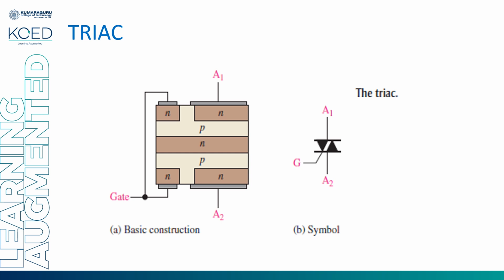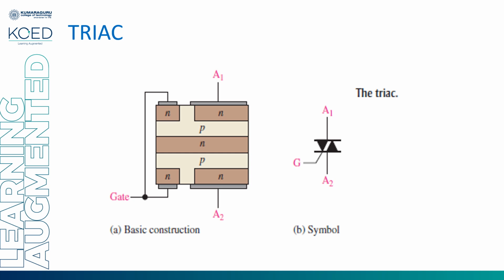Here this is also a bidirectional device similar to diac. One additional property is that it has a gate. So here I can have more accurate control, or further control and monitoring can be achieved in case of triac. It is more under my control, or flexible and easy to be monitored.